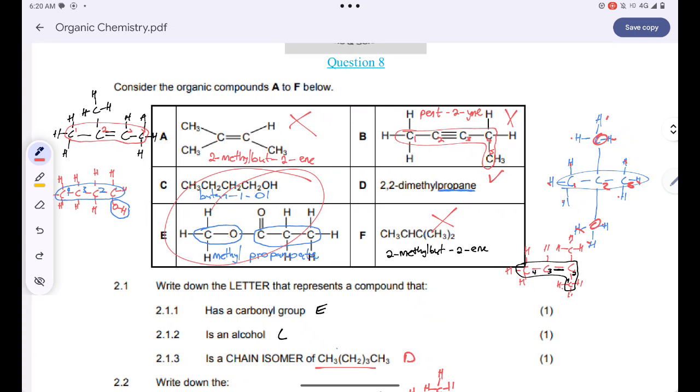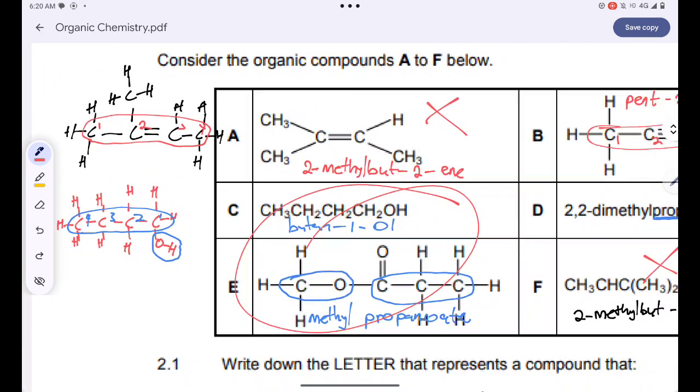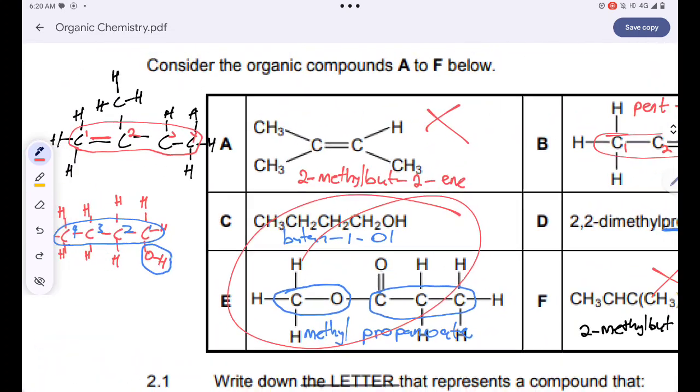For positional isomers, guys, we just need to move the functional group to a different location. Since I've drawn the structural formula, I can simply remove the double bond there and draw it here. So this is a functional isomer. No, not a functional isomer rather, but a positional isomer. Are you together?